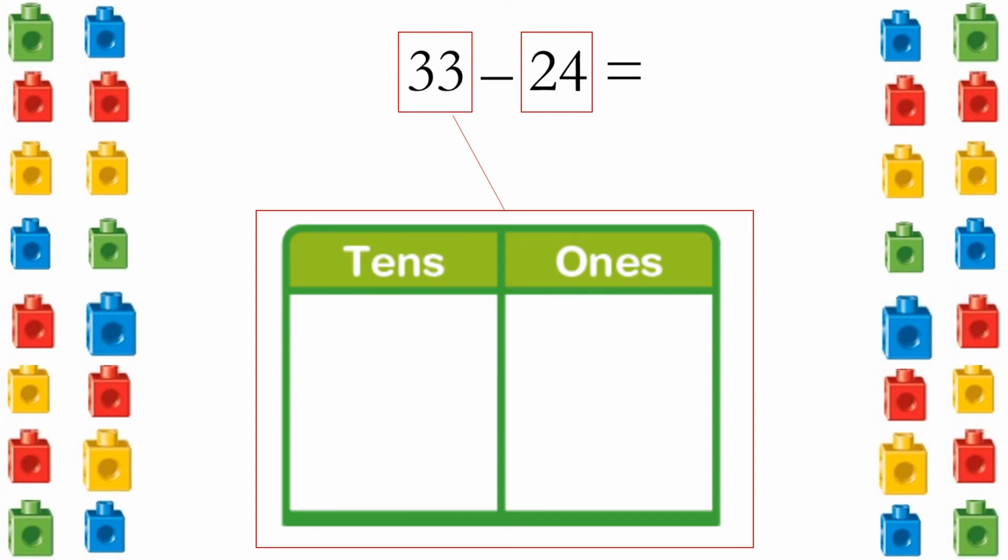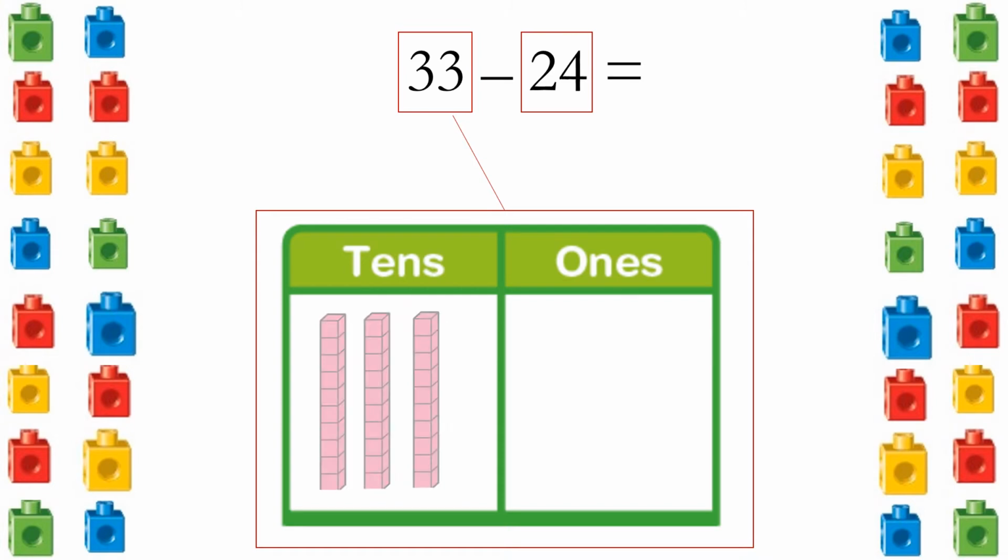Okay, now we have 33 minus 24. Let's model our bigger number. There's 30, 31, 32, and 33. Can we subtract 4 from 3? Can we do 3 minus 4? No. So we need to borrow 10.